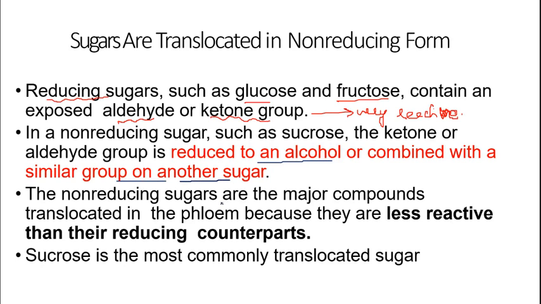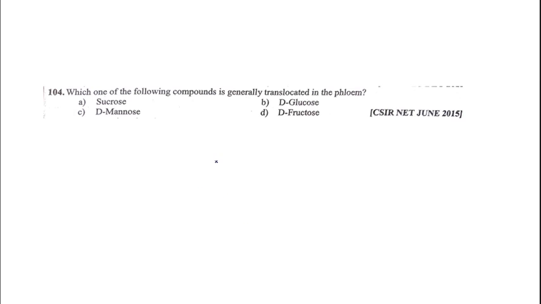Since non-reducing sugars are less reactive, they do not hinder the flow, and they do not lead to the synthesis of any toxic compounds or unwanted materials in the phloem tube. So this is the most commonly translocated sugar. Which of the following compounds is generally translocated in the phloem? We already discussed, it is sucrose.